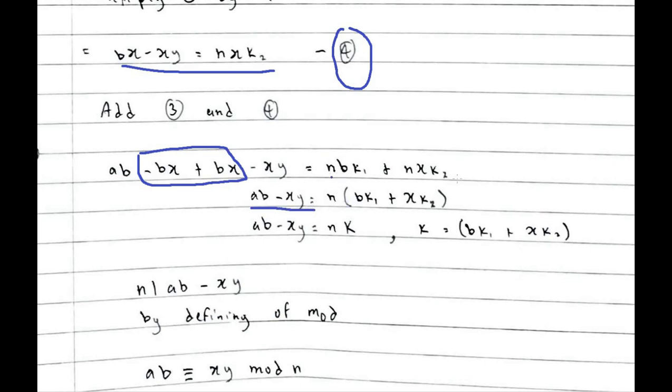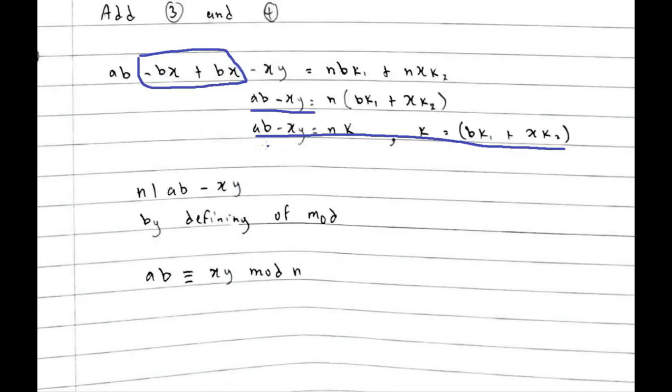So we simplify the above equation, we get n bracket bk1 plus x k2, and then this is the final equation, which is ab minus xy equals nk, where k equals bk1 plus xk2.